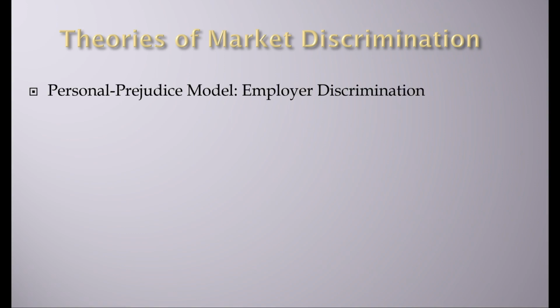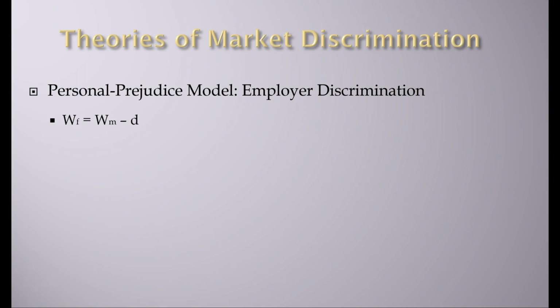The first is the employer discrimination. And so this is when an employer prefers just not to associate with a specific demographic group. And here's an example of two wages. So you have WF, which is wages for females, WM, which is wages for males, and then D. Now that D is a discrimination coefficient.